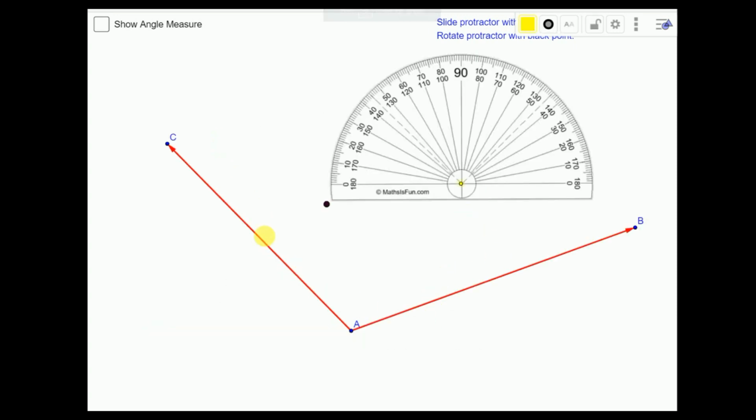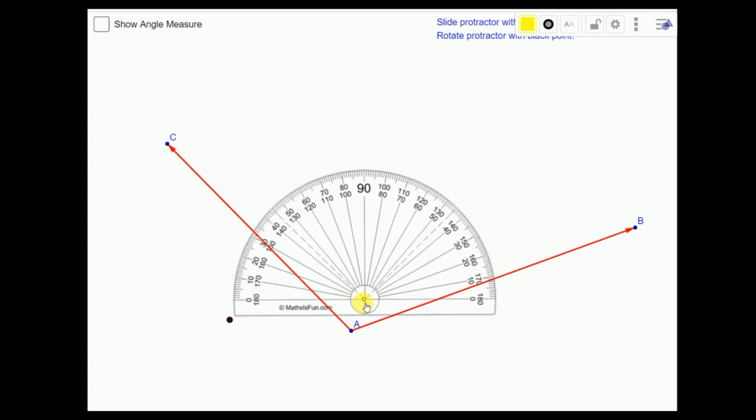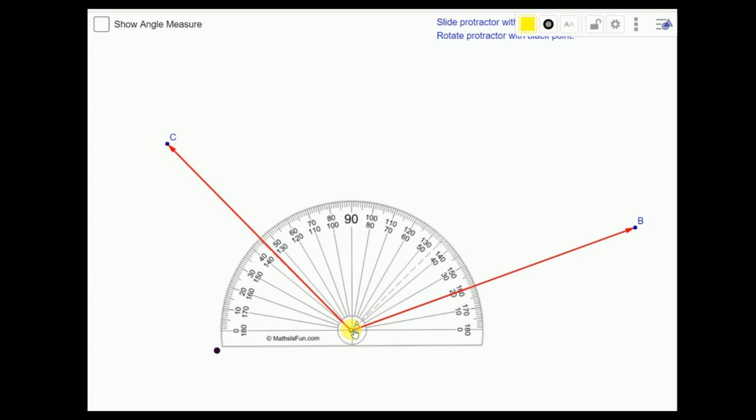Now let's measure this angle. As a first step, I place the center of my protractor on vertex A. Here I notice that AC and AB are not drawn in a horizontal direction like the earlier examples. So that's why I need to place the 0 on one of the two sides. Let's start with AC.